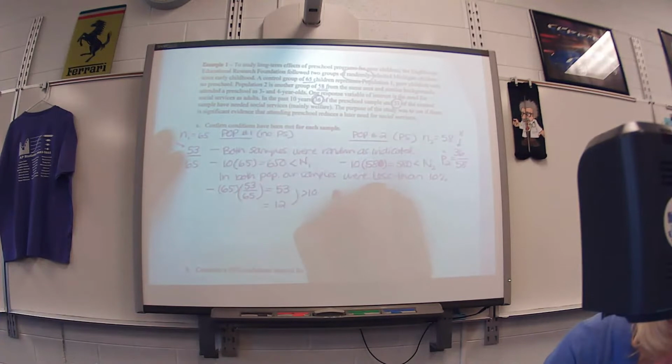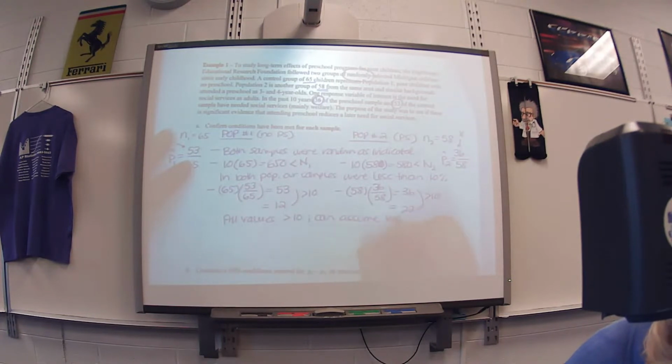And then over here, I'll say N, 58, times P hat, 36 out of 58. Well, that's going to be 36 versus 22, greater than 10. All values are greater than 10. We can assume both distributions are approximately normal.